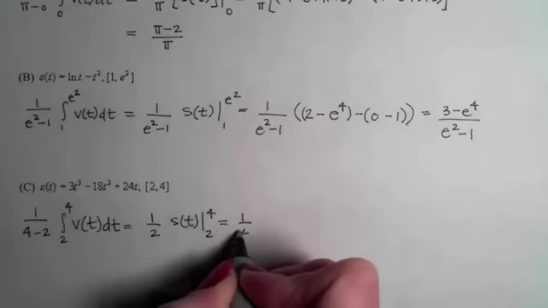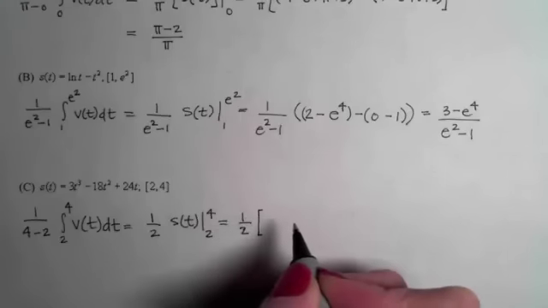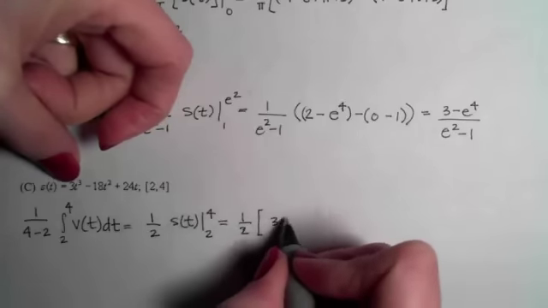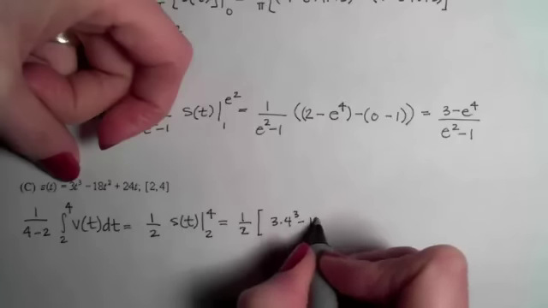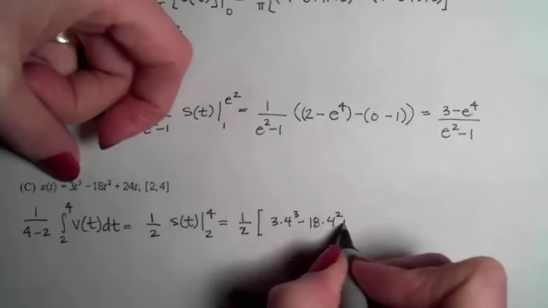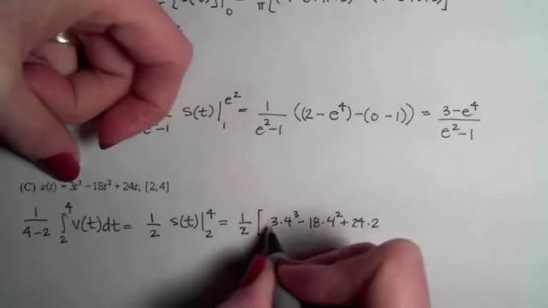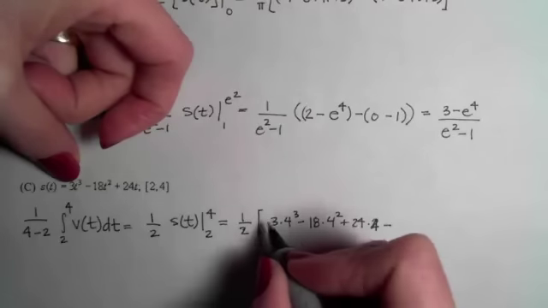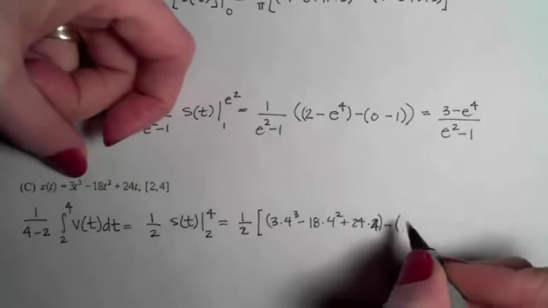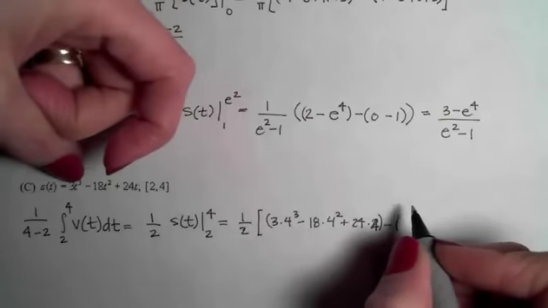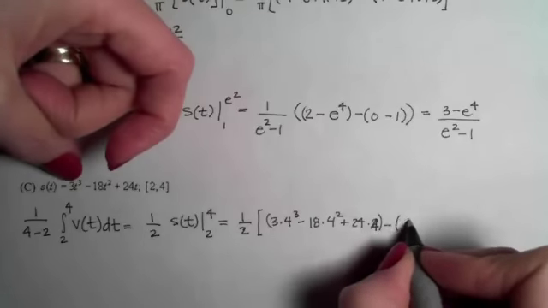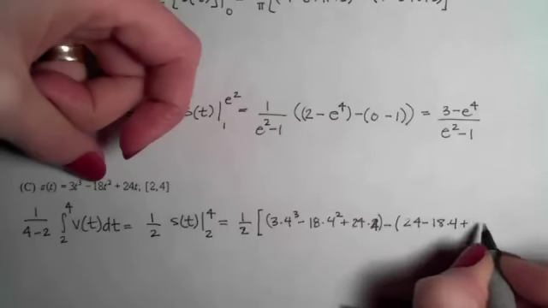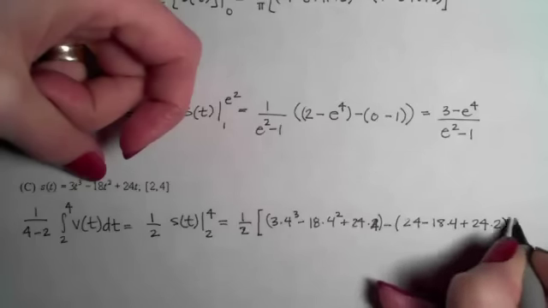So if I plug in 4, that gives me a 3 times 4 cubed minus 18 times 4 squared plus 24 times 4. And I'm going to subtract everything with the 2 plugged in. So if I plug in a 2, I get 3 times 2 cubed, that's 24, minus 18 times 4, plus 24 times 2.